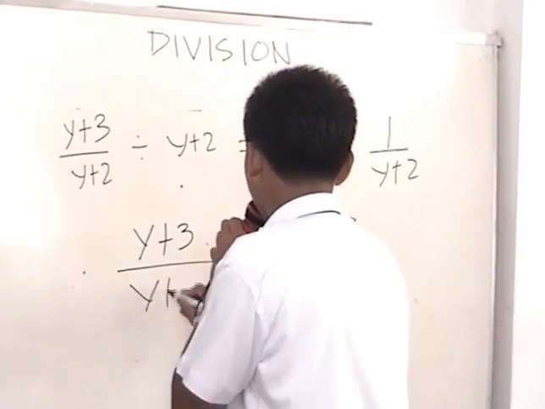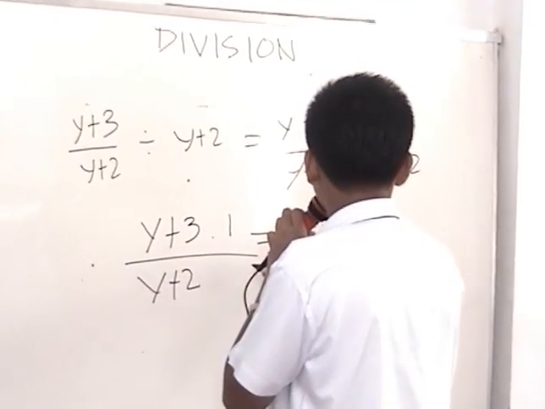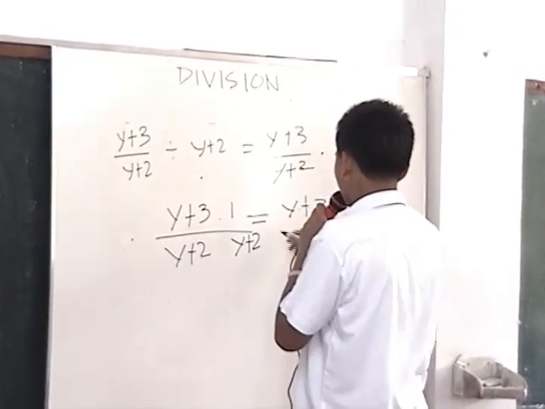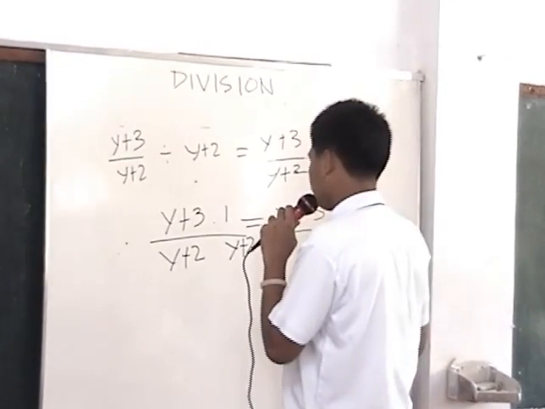And y plus 2 times y plus 2, and we need to use the FOIL method.